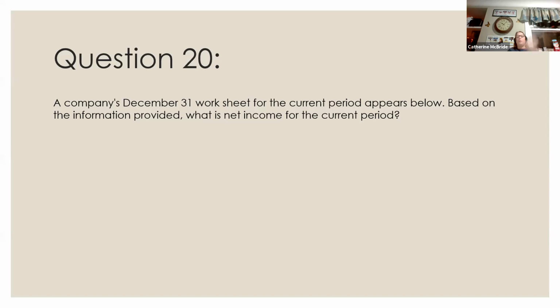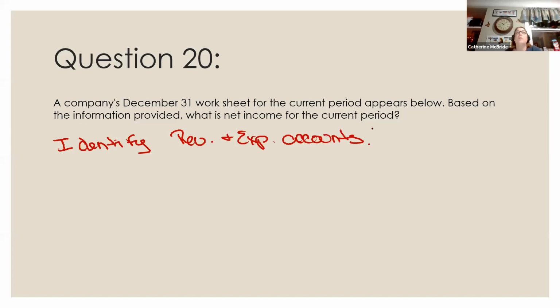Okay, for this one, you have like a trial balance. You have a lot of different accounts and you have to know what is net income for the current period. So you have to be able to identify revenue and expense accounts. Now, let me tell you 2 things that trip people up.